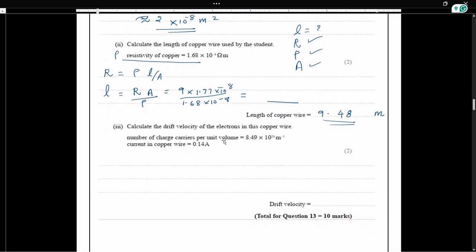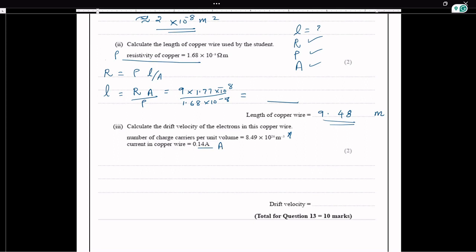Calculate the drift velocity of the electrons in this copper wire. Number of charge carriers per unit volume, the charge density N, is given. The current in the copper wire is given.